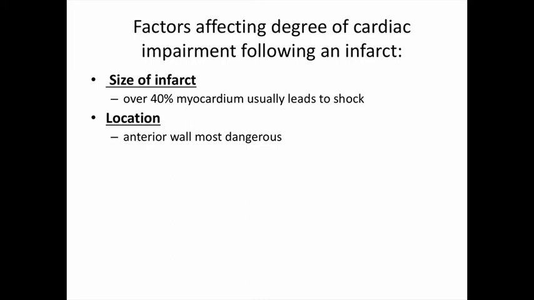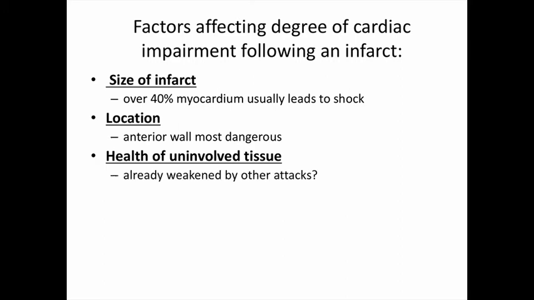Also, the anterior wall of the left ventricle is perfused largely by the left anterior descending, one big main vessel, and of course there's branches off of that. So the left anterior wall is considered the most dangerous area for an infarct. And then the other question is, what's the rest of the tissue like? If somebody's had already multiple small heart attacks, right?